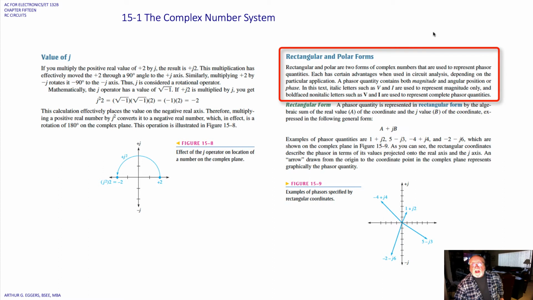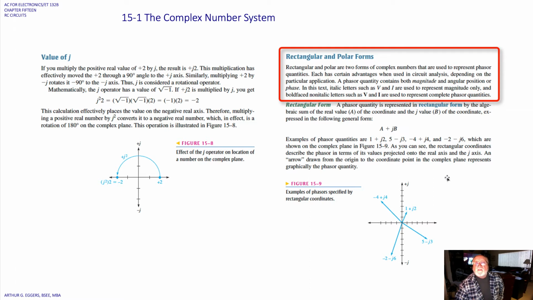So we need to understand and be able to maneuver between the rectangular, Cartesian, complex plane, whatever, and the polar forms. Rectangular and polar forms of complex numbers are two forms that are used to represent phasor quantities.